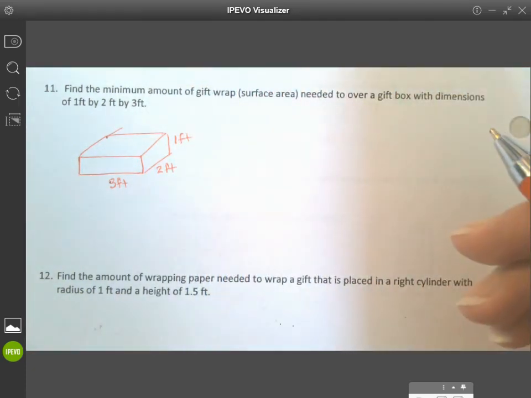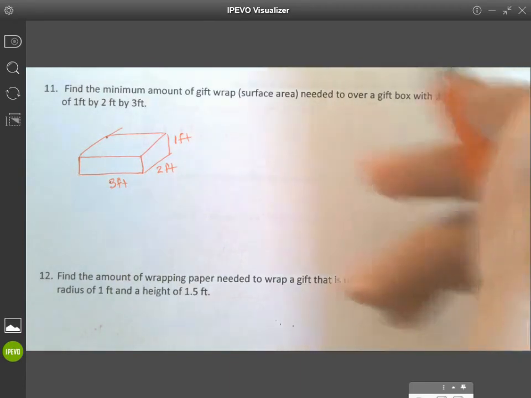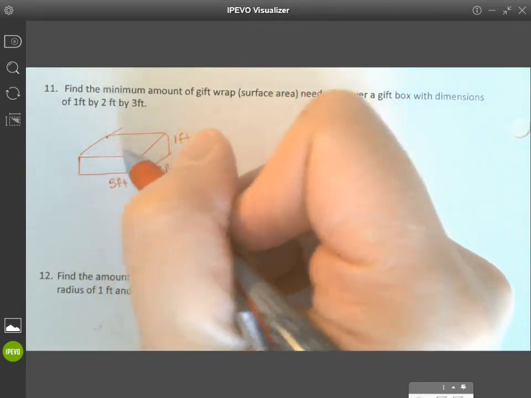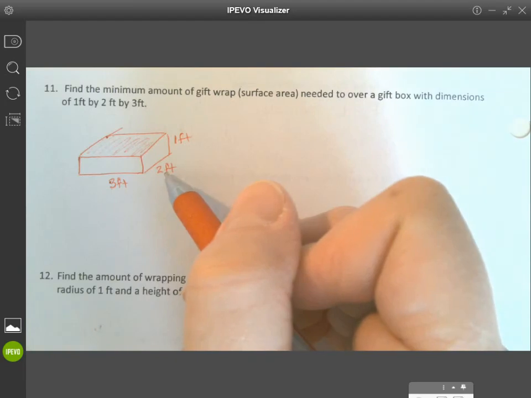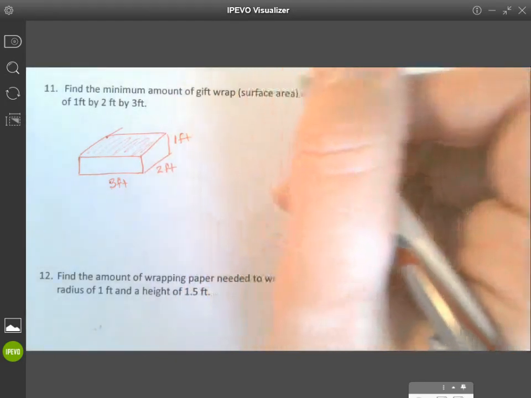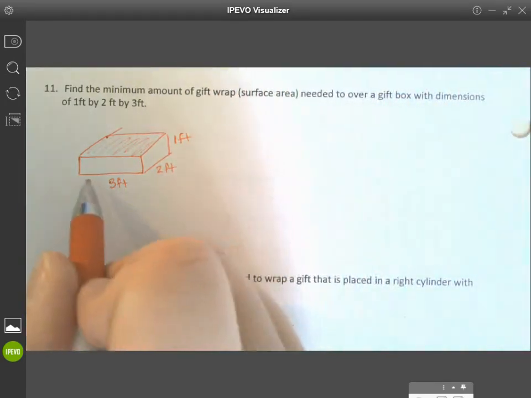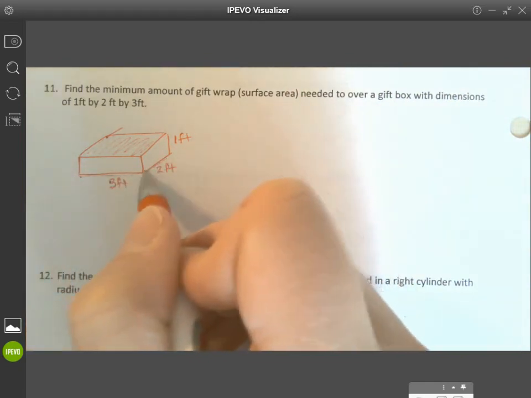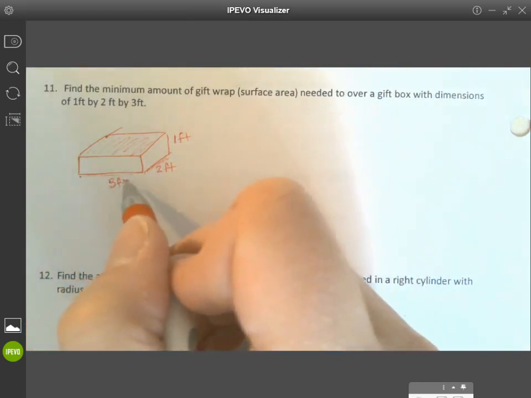I need you to picture what we have here. If you think about this box, I have a top part of the box and the bottom that it sits on, right? What's the area of the top? Well, it's the same as the bottom. Isn't that a 3 by 2? Forget about the 1. I just want what it's sitting on.